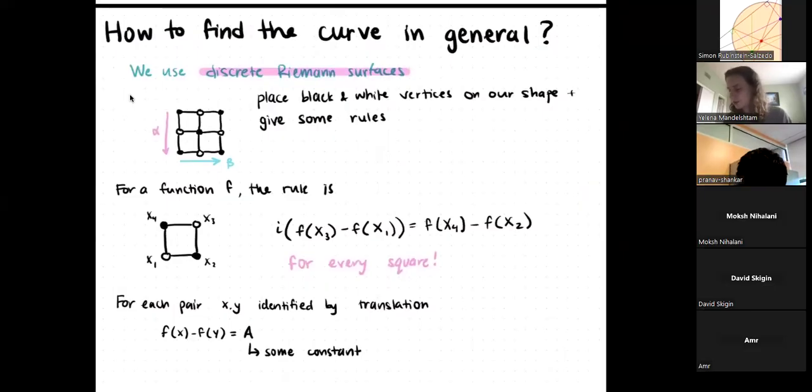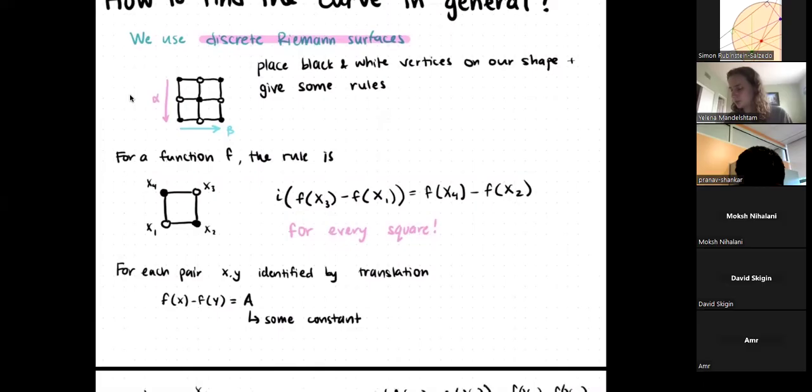So I have a rule for each square, and it's given as a polynomial. And I have a rule that corresponds to the fact that this point is identified with this point, and this point is identified with this point, and this point is identified with this point. So for each such identification, I also have some equation that has to be satisfied.